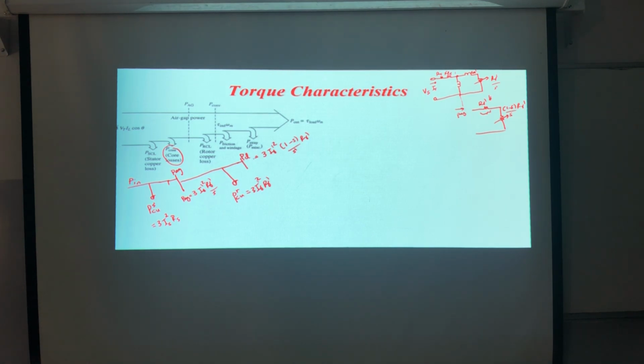Now here, from the power developed, actually I can calculate the developed torque. Yes? Okay. Now we know that the power developed equals TE multiplied by omega mechanical, correct? Yes? So if I have the power developed and I divide it by omega mechanical, what will I get? TE, correct? Yes? Yep.